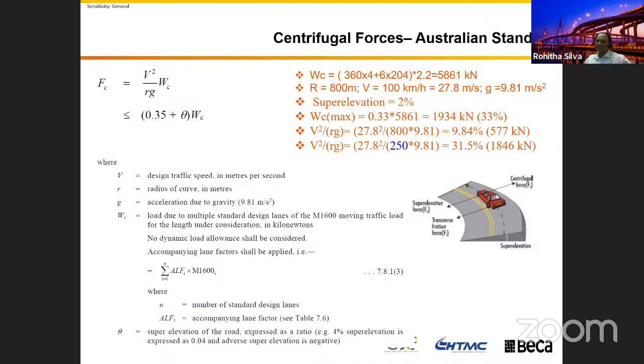I did a bit of calculation: if the radius is close to 250, then it will reach the maximum load, but you can get the centrifugal load based on this. It's about 10% for 800. But if your radius is less, you know that it will increase proportionately, so you can easily calculate that one.